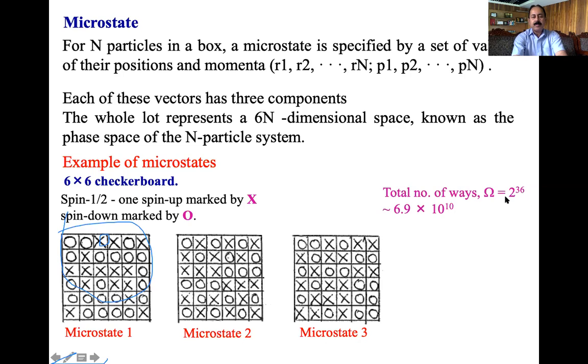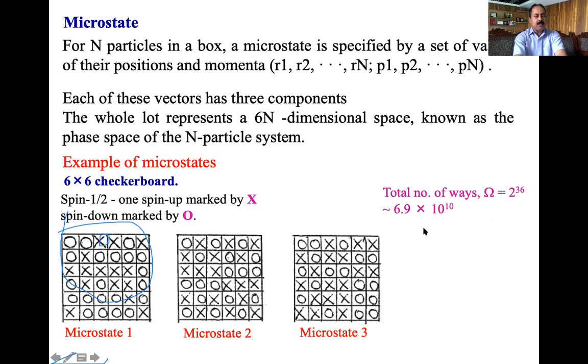The answer is, since there are only two possible configurations, either spin up or spin down, and since there are 36 cells, we find the number of configurations is 2 to the power 36. That is approximately 6.9 times 10 to the power 10.